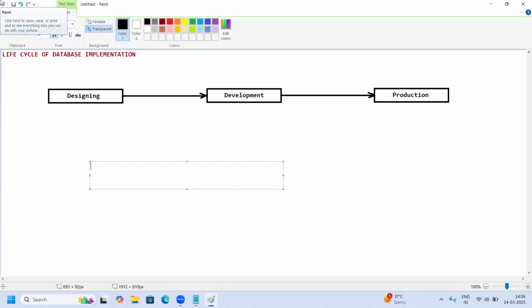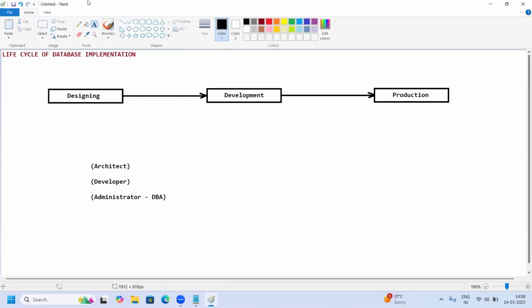This is a profile called architect. Second is called the work of a developer. Third is called administrator, what you call DBA, database administrator.